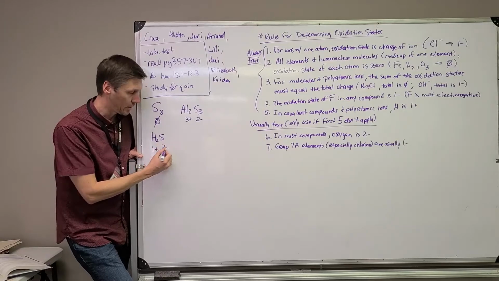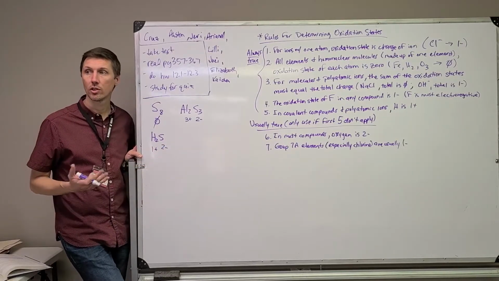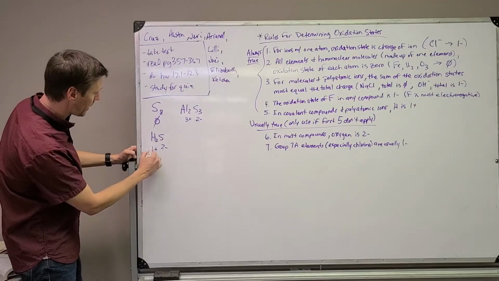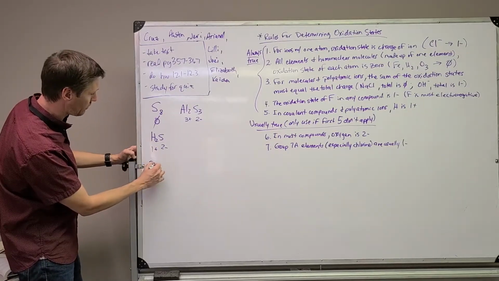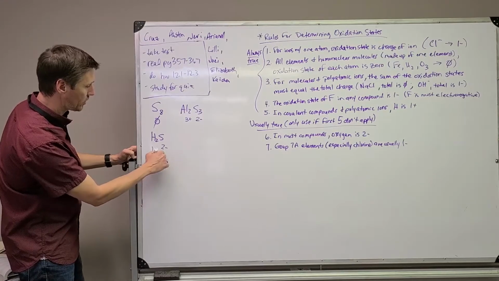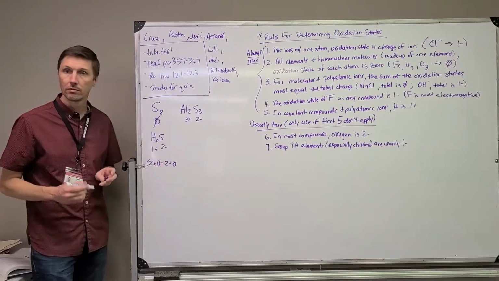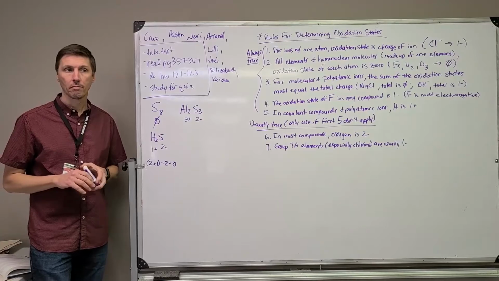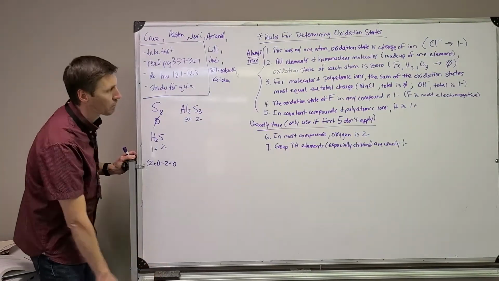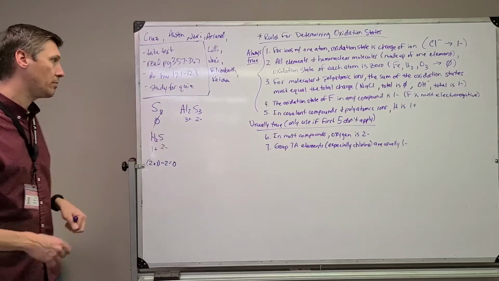It has to have a 2-, because the overall charge has to be 0, right? Because 2 times 1, since there are 2 H's, minus 2, which is the charge of that guy, has to equal 0. Everybody see that? So rule number 5 and rule number 3 apply in this case.